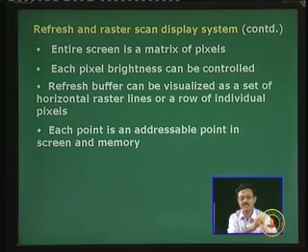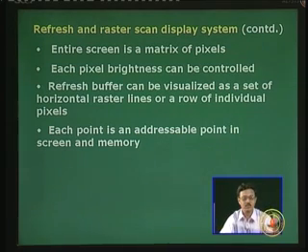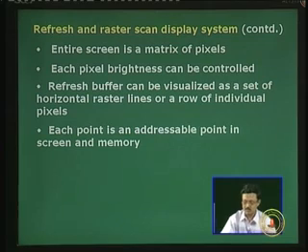Basically, the contents of that memory location will hold the intensity or color information of that point, which will in turn control the strength of the electron beam, which when fired onto that particular corresponding point on the screen will dictate how much intensity and what color you want at that point. So, we will say there is a one-to-one correspondence between a point on the screen and the corresponding point in the memory array.